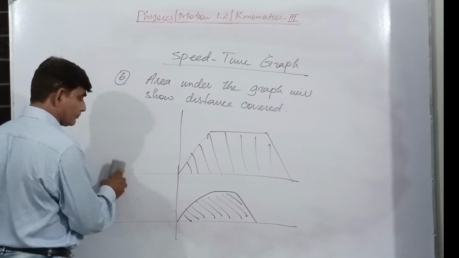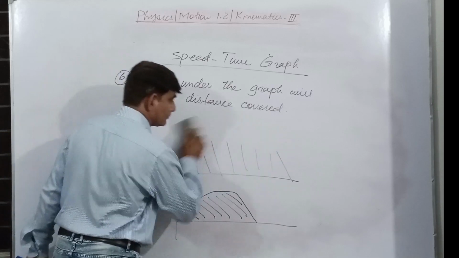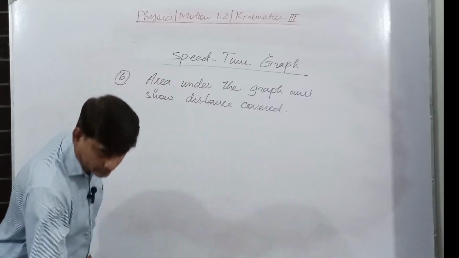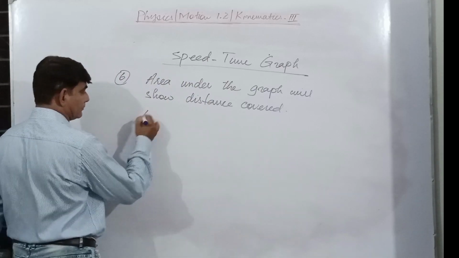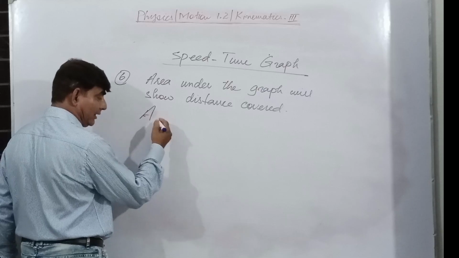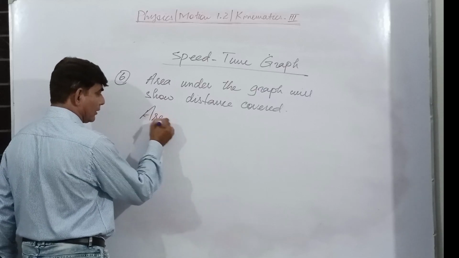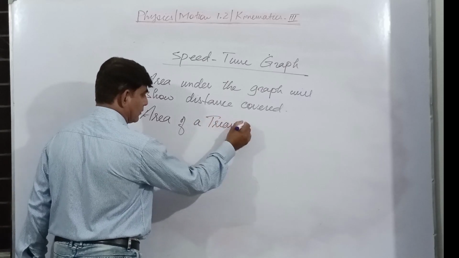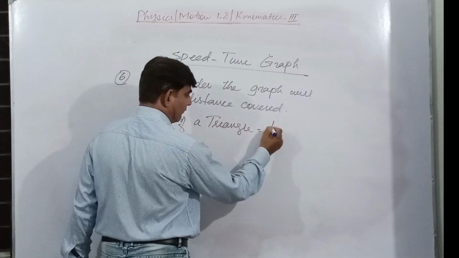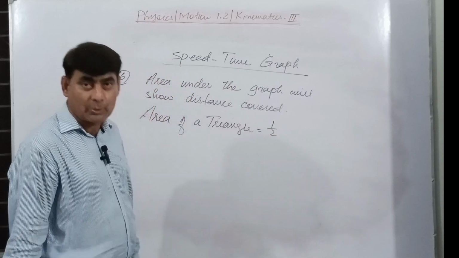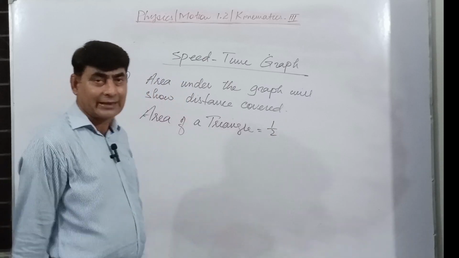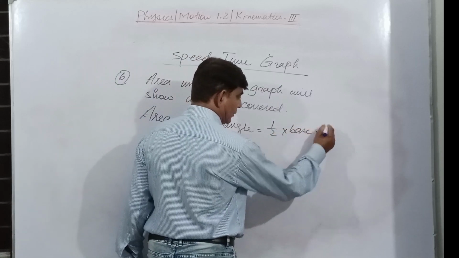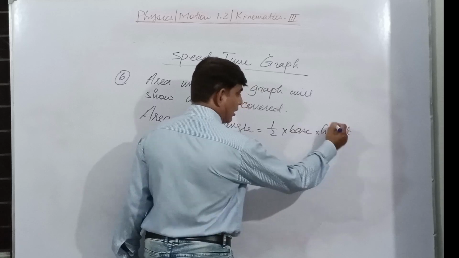Area of a triangle is half times the product of perpendicular sides, known as base into height.